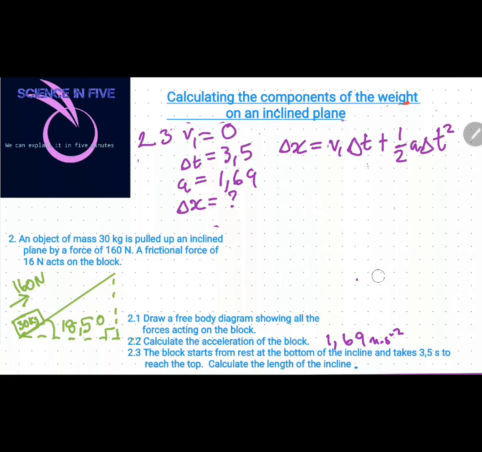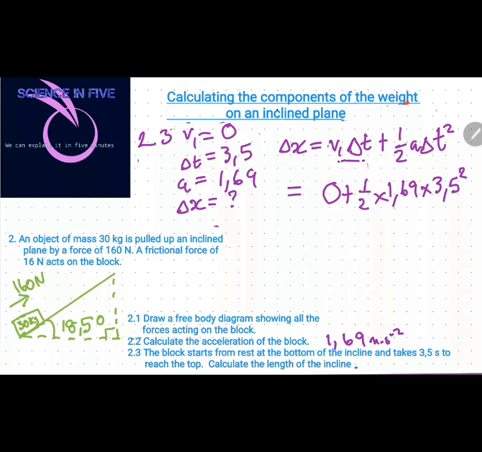Alternatively, some prefer to use S equals UT plus half AT squared. Same thing. So, we know the initial velocity is 0. So this first expression becomes 0 plus a half times 1,69 times 3,5 squared.